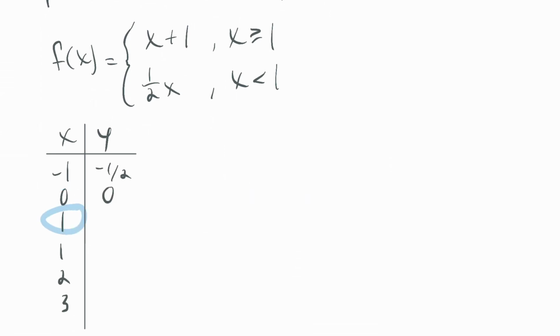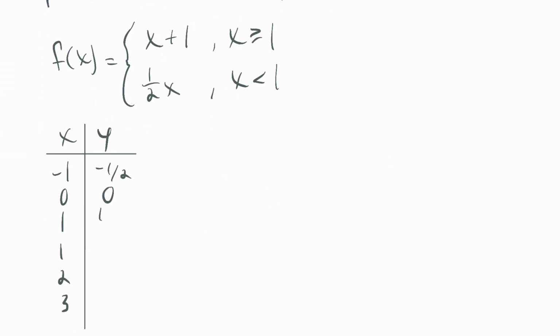If I plug in 1, well, now I'm using this one, right? But what I'm going to do is this. Let's still use this one for the bottom one, because that's what we've been doing so far. So I listed it twice, because I want to see if I were to use the bottom formula still, where would that be located? Okay, and you'll see why I do it in a minute. So if I plug in 1, 1/2 times 1 is 1/2.